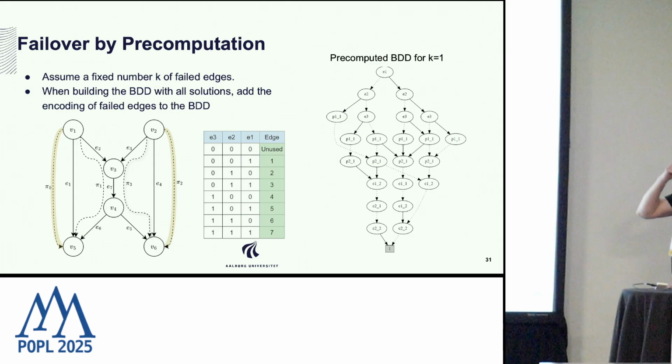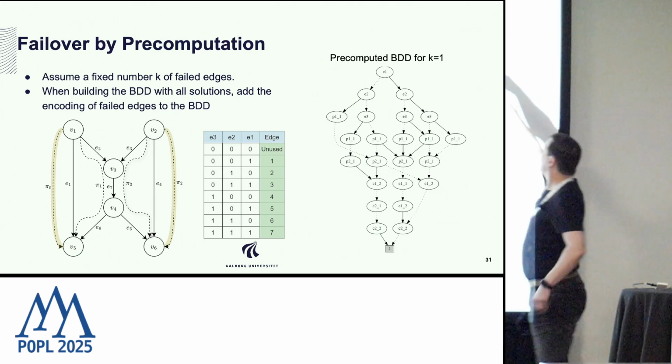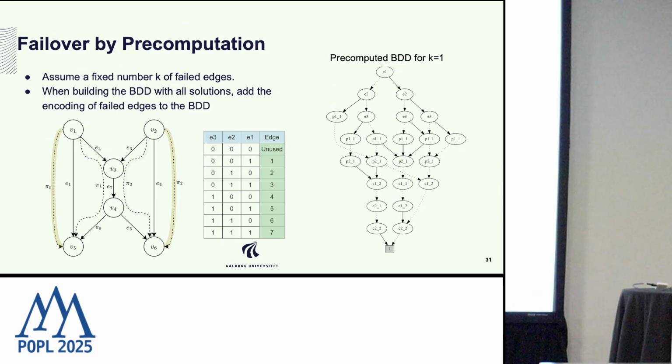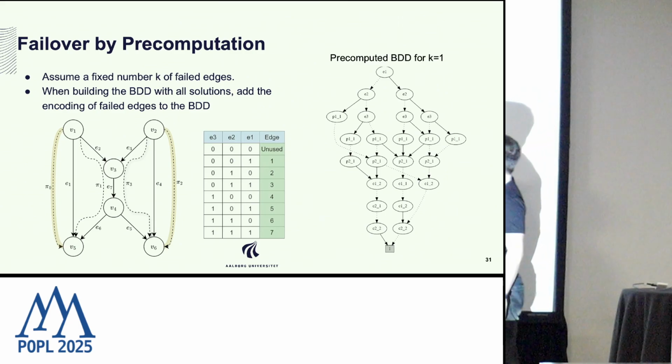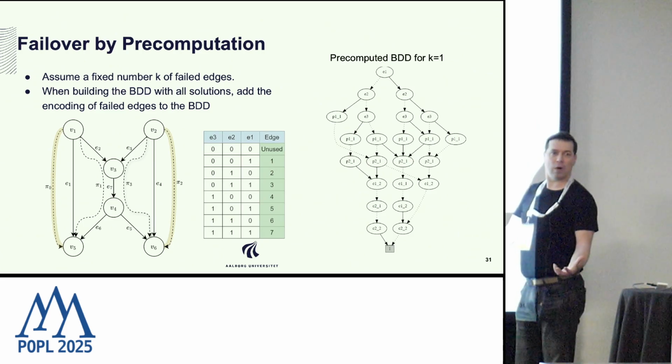So we came up with a different solution. Why don't we encode the failing links already into the BDD? So it's actually precomputed. In the case of one failing link, in my example, I have 7 edges, so I need 3 Boolean variables to encode the failing links. And in the beginning of my BDD, I actually encode what are the options of how they can fail.